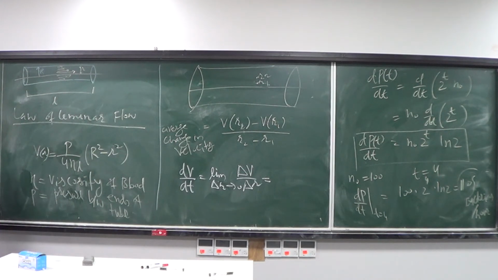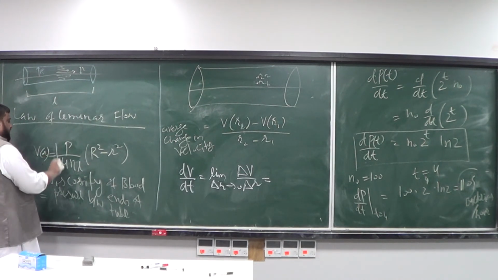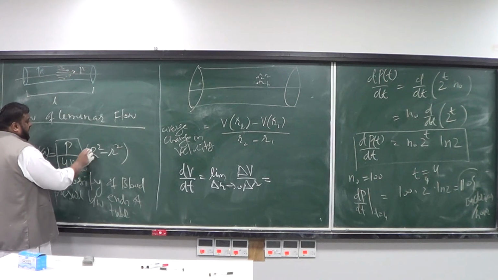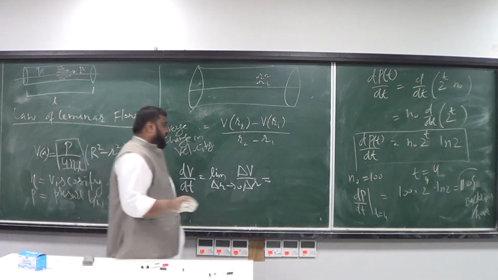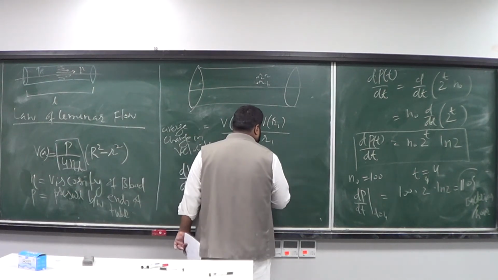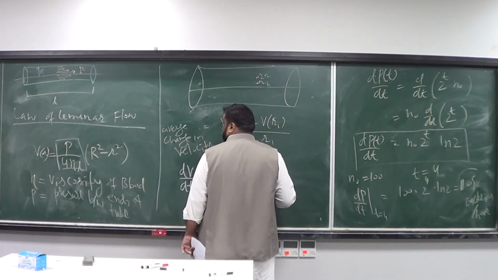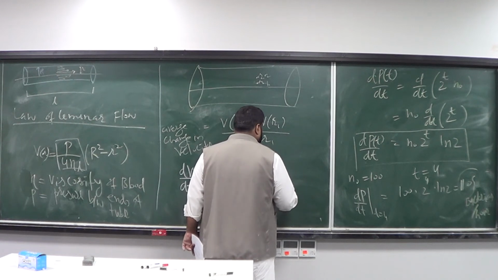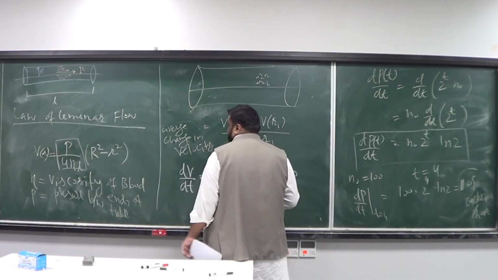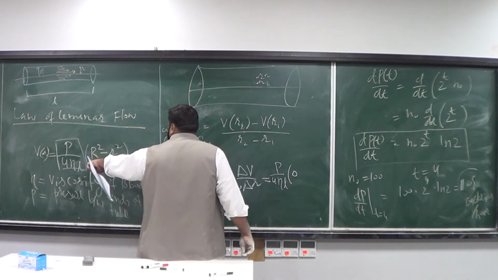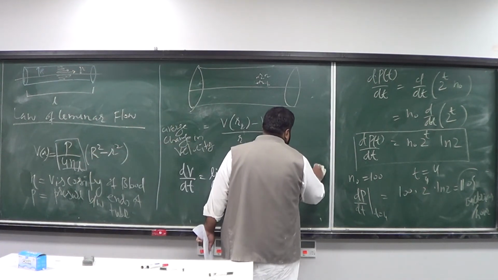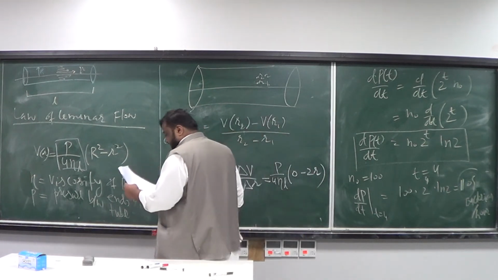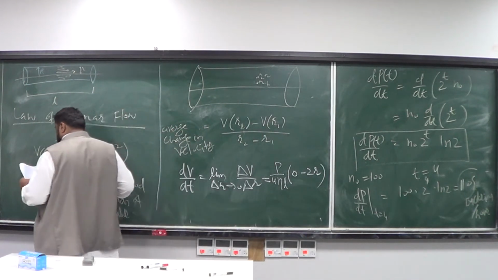P over 4 eta L is a constant, and the derivative of R squared minus r squared is 0 minus 2r. This is what it is going to be.